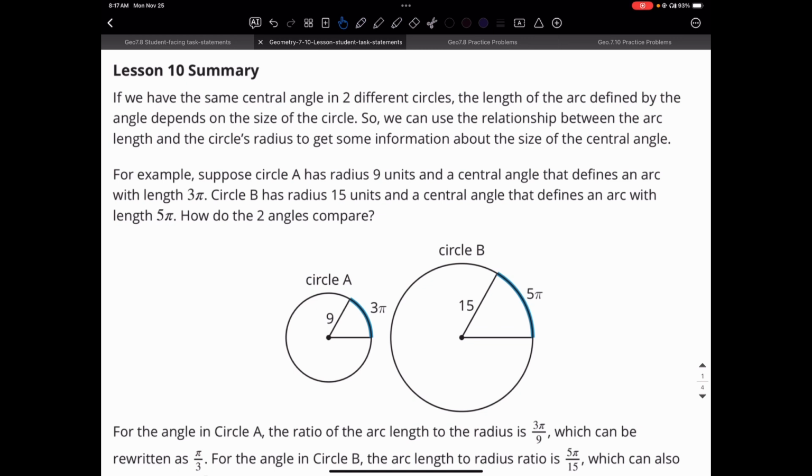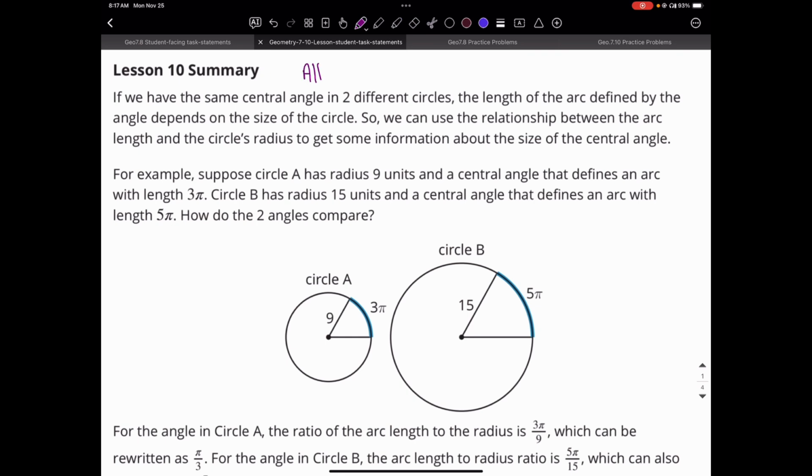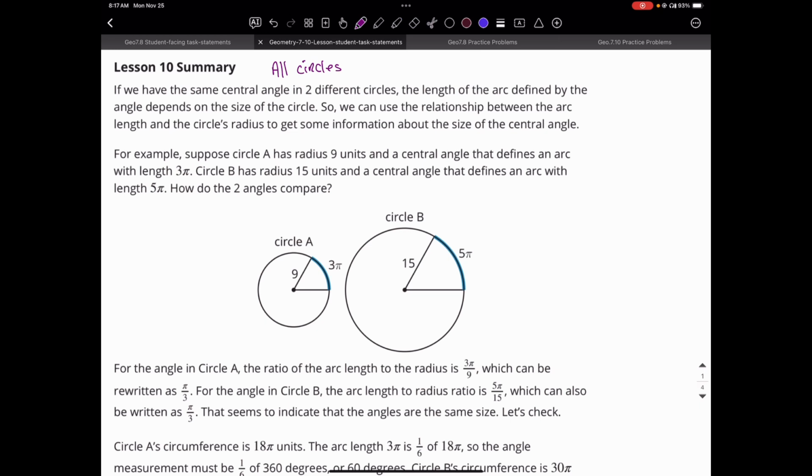Now, one thing I want you to remember, and we talked about this previously, it's definitely important to note, and that is all circles are similar. What does it mean to be similar? Remember, with similarity, same shape, but not necessarily the same size. All circles are similar. All right.